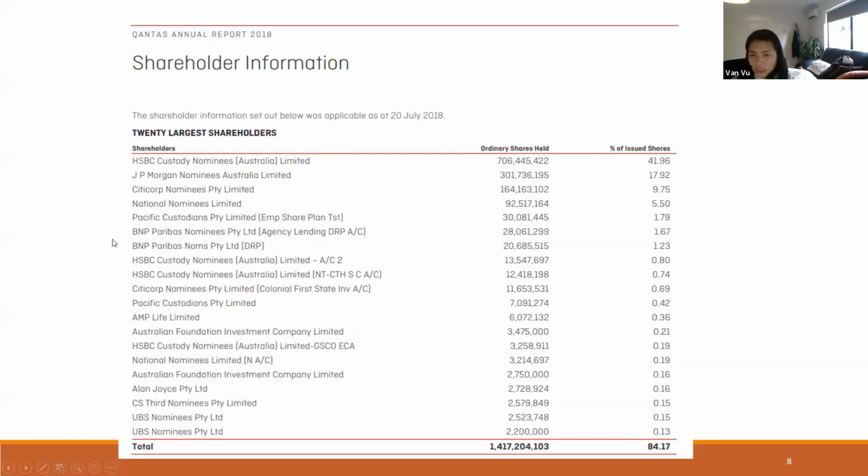International financial institutions. So this example tells you how a typical big Australian company, an ASX 200 company, their shareholdings typically look like, okay? So their shareholders don't just come from Australia, their shareholders come from around the world, okay?